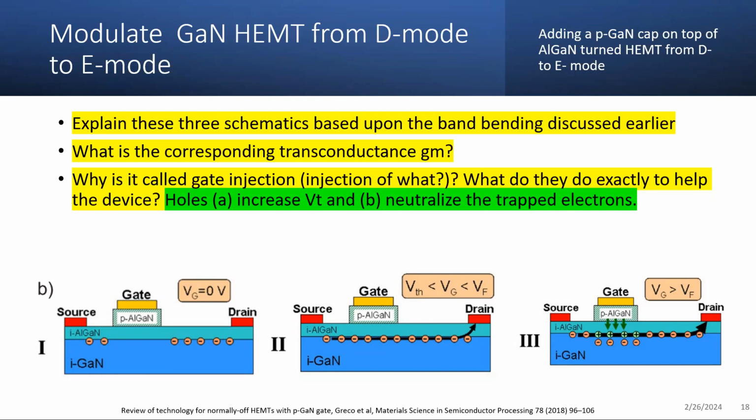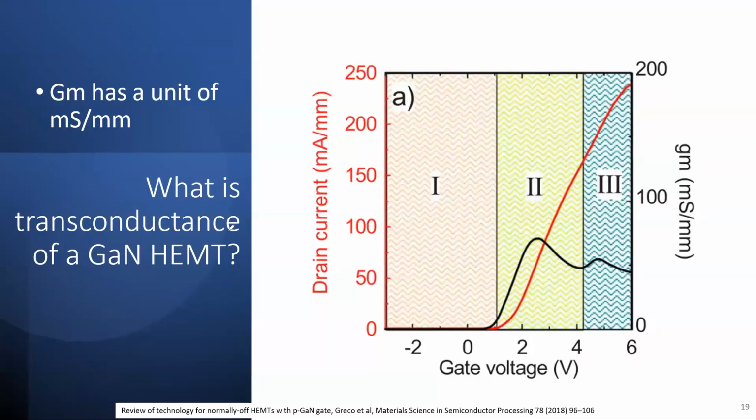Here I would like to introduce a concept, the so-called transconductance, as part of the device. This is a normally off device, all right? When the gate voltage is zero, this is what you normally see. You look at this curve, this is your ID-VG curve.